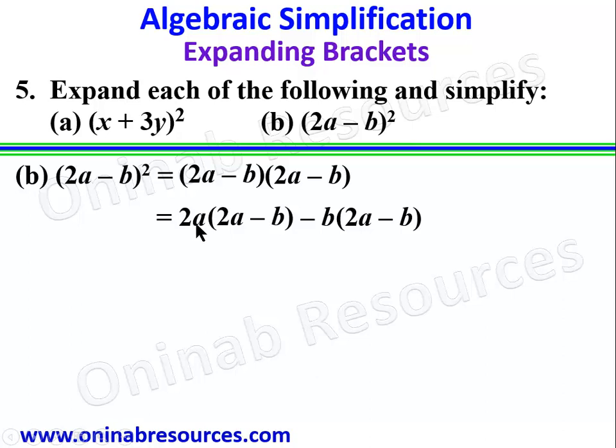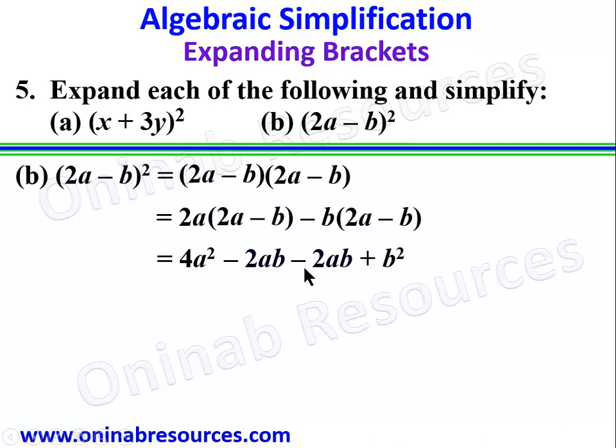So we have 2a times 2a gives 4a squared. 2a times negative b will give us negative 2ab. Negative b times 2a gives negative 2ab. Negative b times negative b gives positive b squared.